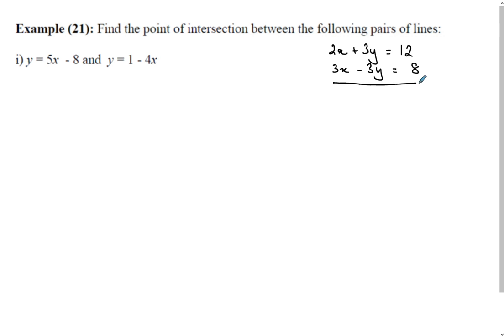In this case we'd add, and that would be eliminated, and then you'd have 5x equals 20 or something. So it's always in the form of something x plus something y equals a number. And then when you find your x, you substitute it in and find your y. But this one's really easy.